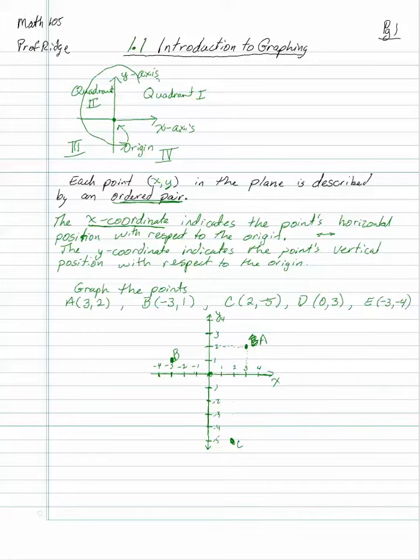And then D is (0, 3), so you go right 0 and then up 3. So it's right there. And then E, (negative 3, negative 4), so I go left 3, down 4. Okay? So as simple as that.